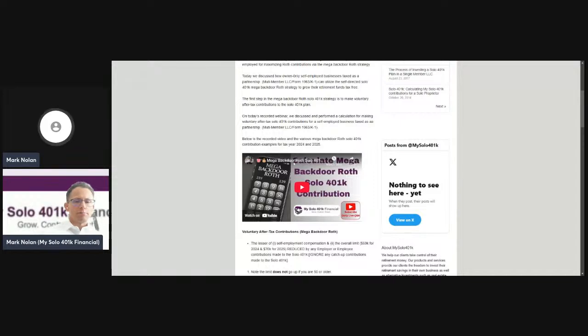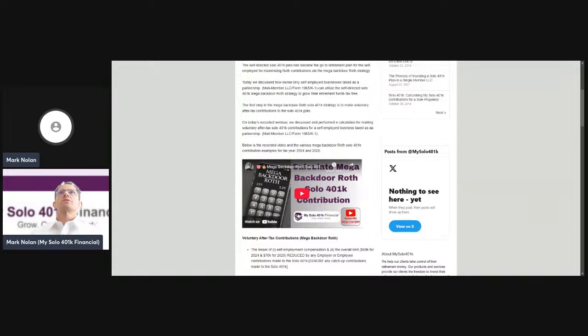Okay, so before we get started doing a live contribution calculation using our solo 401k contribution calculator for a partnership, so a self-employed business taxed as a partnership, let's first go over a couple items.